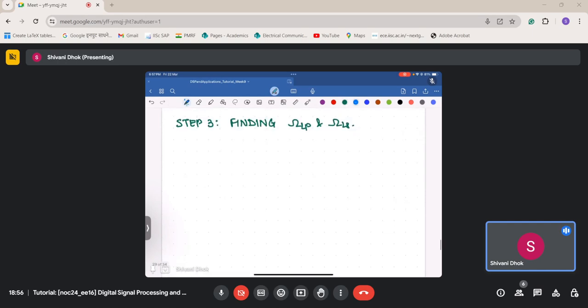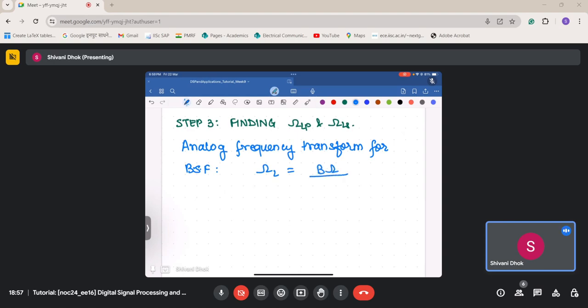So we have the analog frequency transform for the band stop filter, as omega L is equal to B omega upon omega naught square minus omega square.